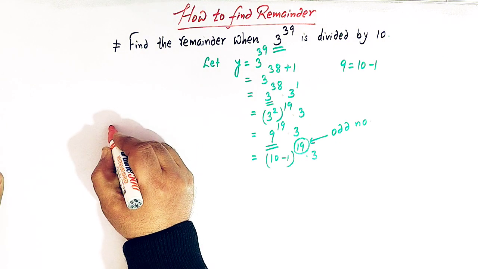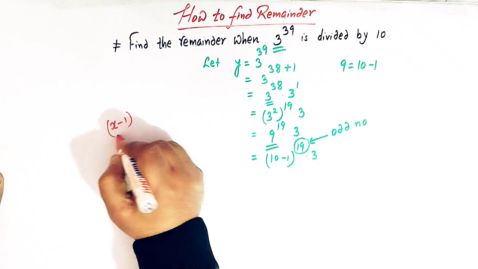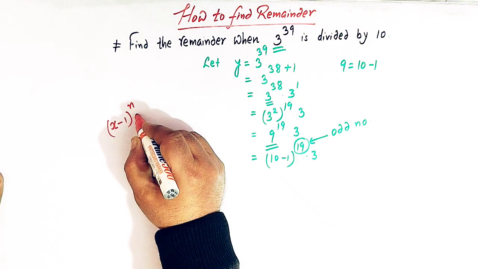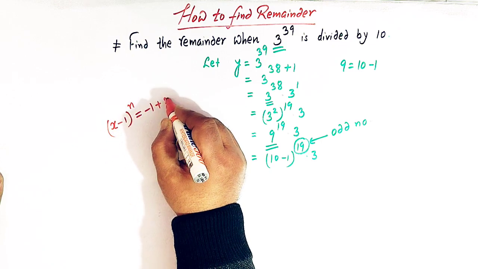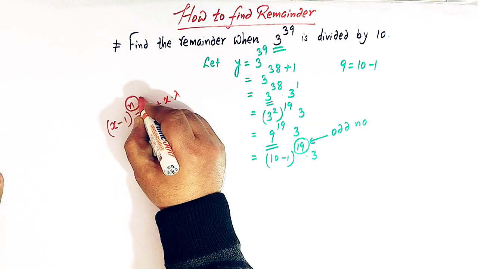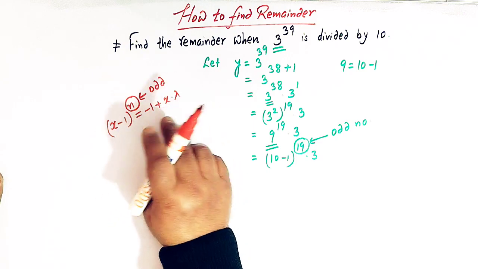Now see, when we have a binomial like (x minus 1) raised to n, then (x minus 1) raised to n can be written as minus 1 plus x times lambda whenever this n is odd. We are not going to prove this result here.